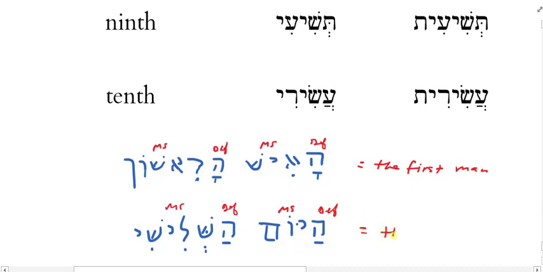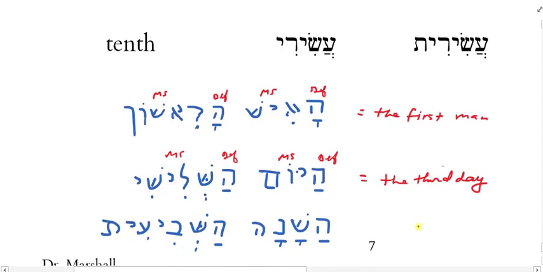This is equal to the third day. All right? The attributive adjective always has to go after the noun. And notice, by the way, that the matter of gender mismatch is only a feature of cardinal numbers. Ordinal numbers behave normally. There is no gender confusion with ordinal numbers. They always agree with their noun in gender, number, and definiteness.